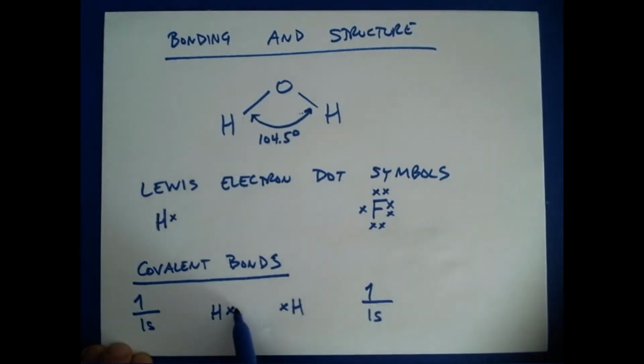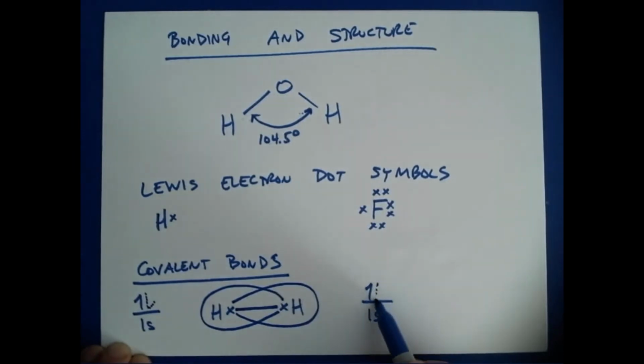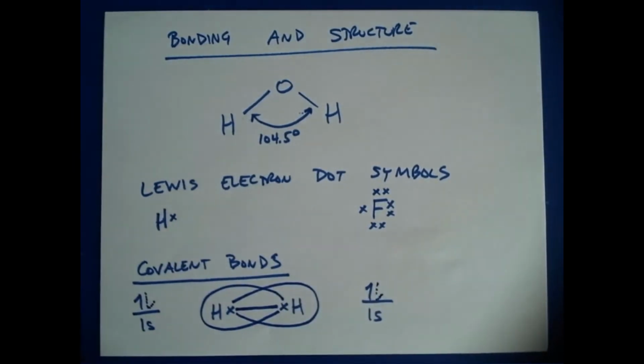And what happens is, if these atoms share an electron, they both, in a sense, feel like they have 2 electrons in their valence shell. They feel like the 1s orbital is shared. And that's sort of the rules for covalent bonding. Any electrons that are shared get to be counted in the valence shell of each atom doing the sharing.